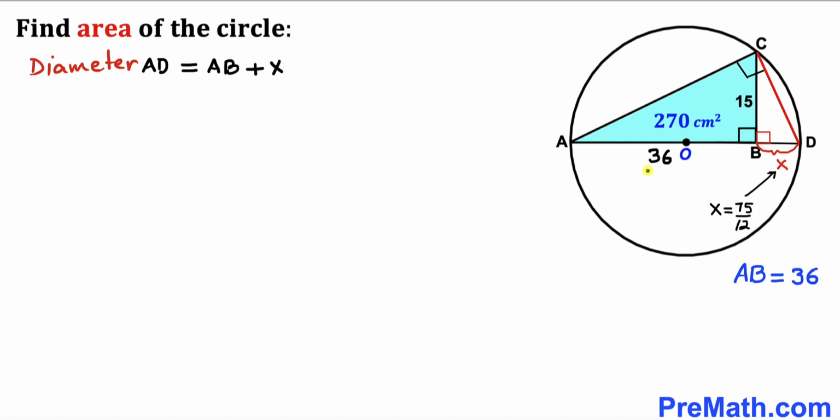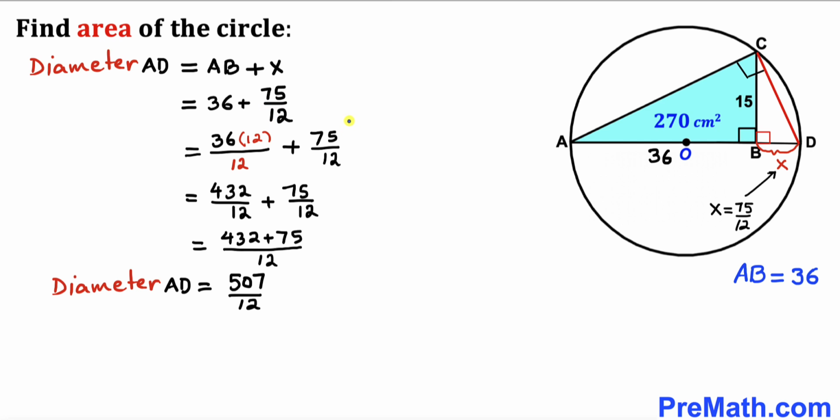And now in this next step, let's make an observation. This diameter AD is going to be equal to this side length AB, which is 36, plus this side length x. So our diameter AD is going to be 36 plus 75 divided by 12.